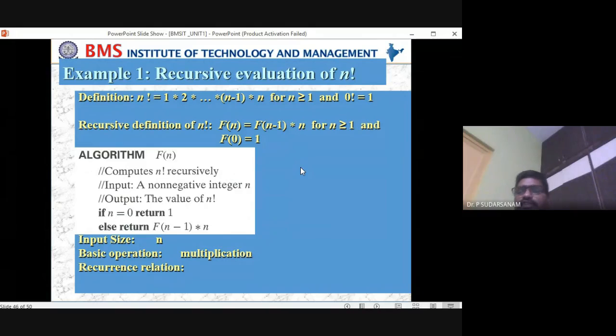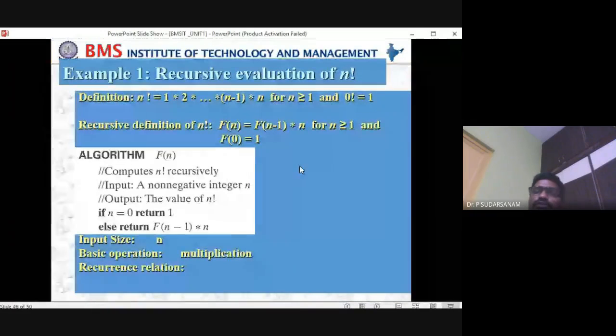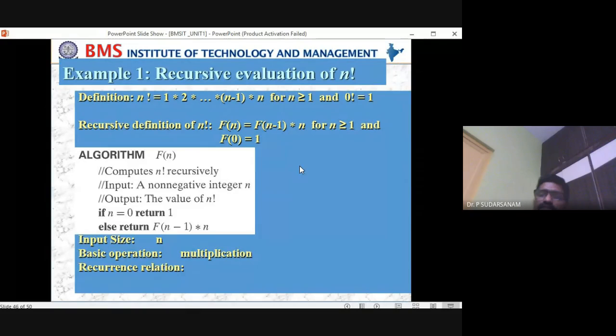Either you get 1 into 2 into 3 into 4 into 5 or 5 into 4 into 3 into 2 into 1. Whichever way you want, you can do it. Normally recursion will come from the last to first. In the last lab I told you, linear search also, we searched the elements from last to first. This is also the same way we'll be doing.